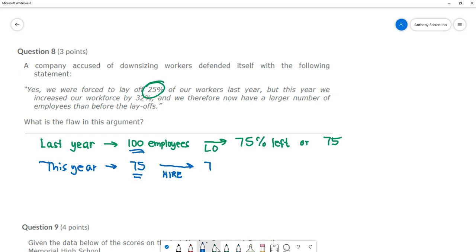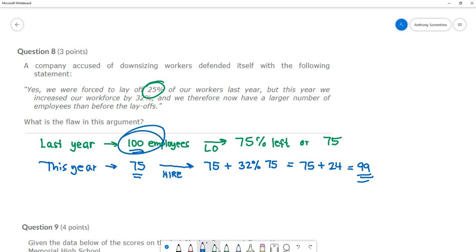So I would take that 75 plus 32% of 75, which would give me 75 plus 24, which gives me 99 employees, which is not what we started with last year.